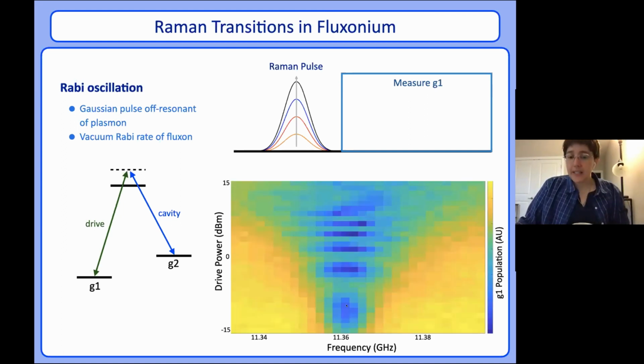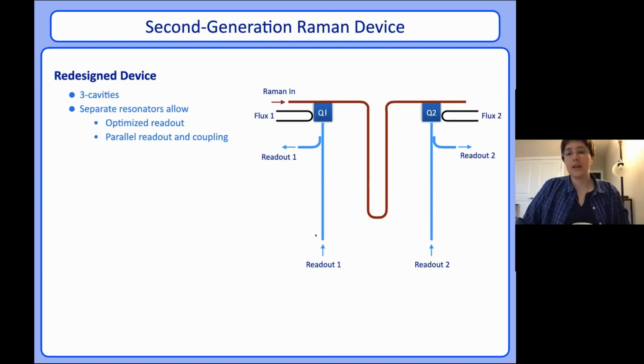And we found that indeed, if we hit the right frequency with the right power, then we can go from being always in the G1 state to flipping over to the G2 state. And if we drive harder and harder, we can do more and more oscillations. This was just to show that we could do this vacuum Rabi mediated Raman transition in a single flexonium.